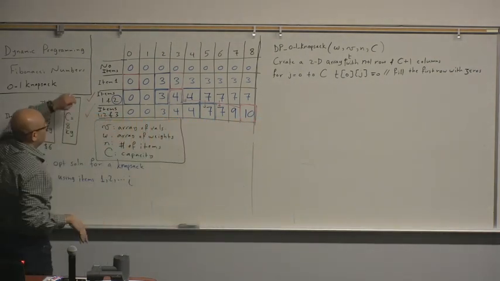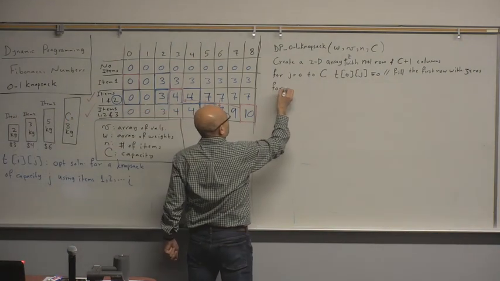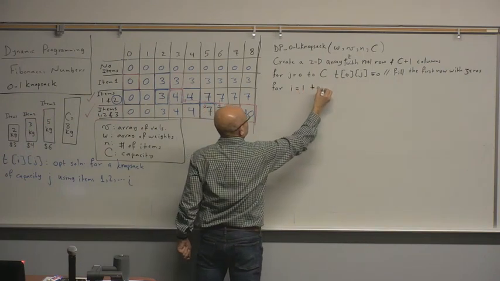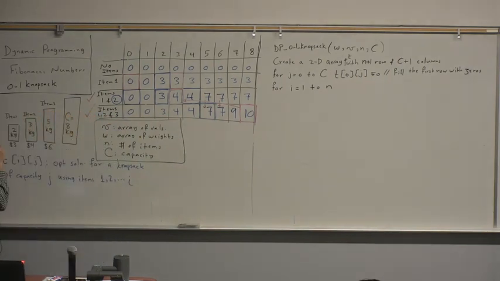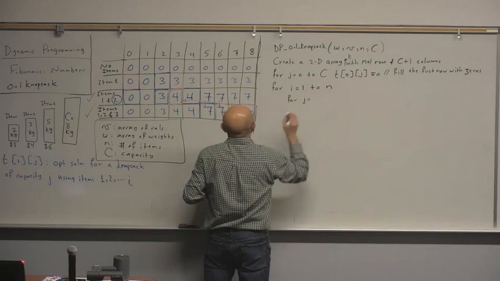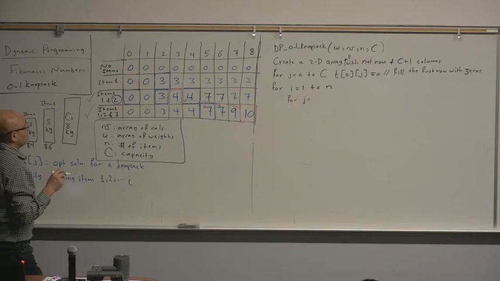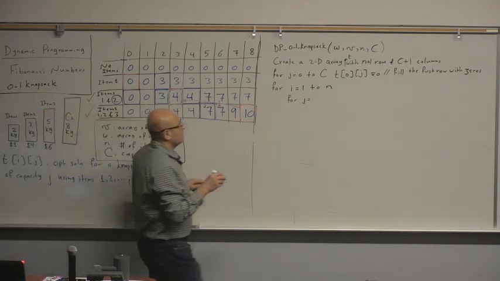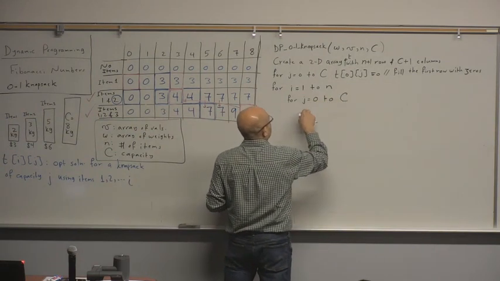Then I will start filling the rows from 1 to n. For i equals 1 to n, and for j equals 0 to c. So i goes from 1 to n, and j goes from 0 to c.